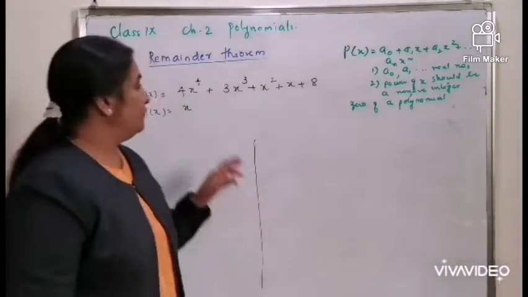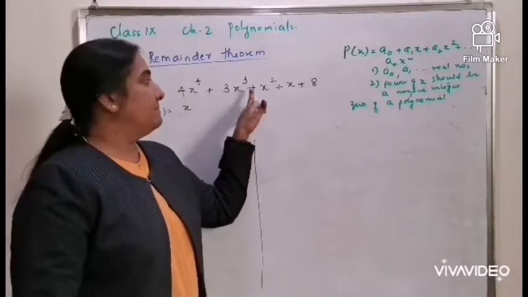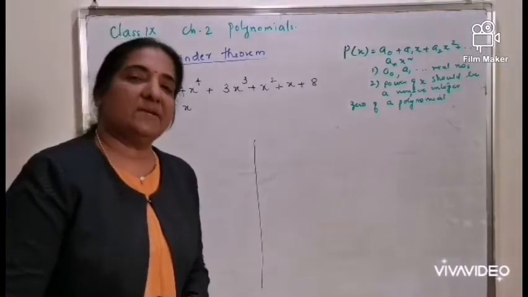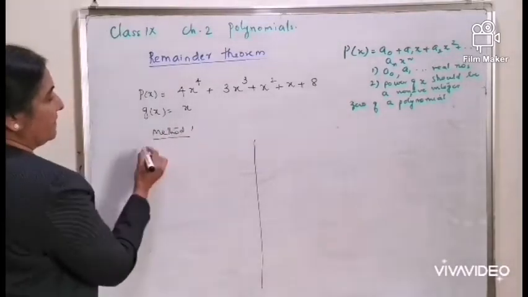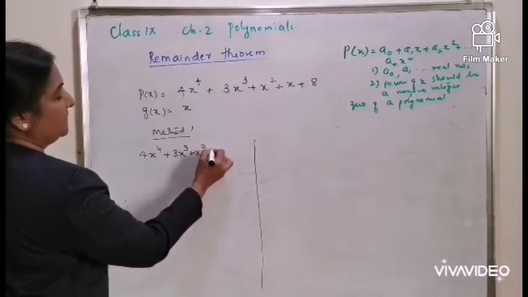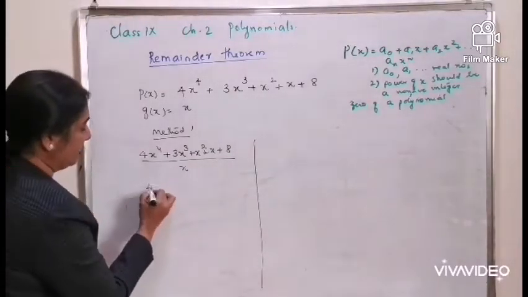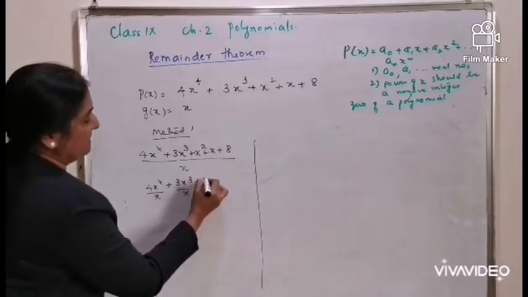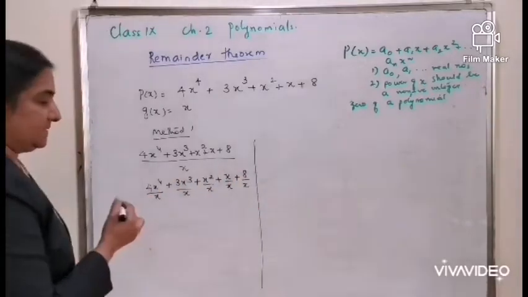Take the second example: p of x is equal to 4x raised to 4 plus 3x cube plus x square plus x plus 8, with the polynomial g of x equal to x. By the first method, you divide each term by x: 4x raised to 4 by x plus 3x cube by x plus x square by x plus x by x plus 8 by x.